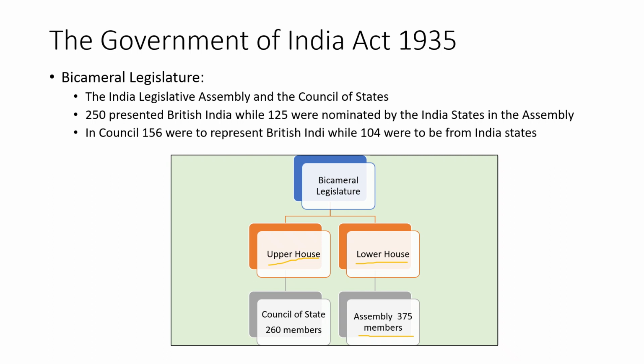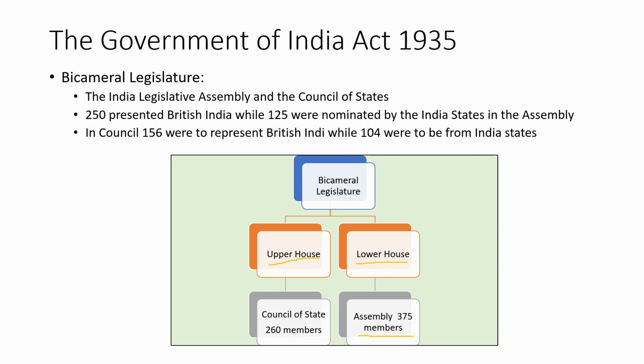But students, once again, there were unlimited powers given to the Governor General. The Governor General could sack the president at any time. The Governor General was given the power to summon and adjourn the assembly at any time. Moreover, the Governor General was given the power to dissolve the assembly at any time.